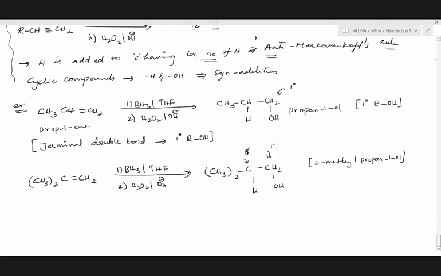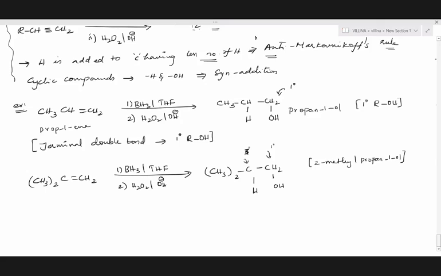As you can see, we are converting an alkene to alcohol. If we write the net reaction, we will understand two things: what the actual groups added are. I'm combining step 1 and step 2 to write the net reaction.